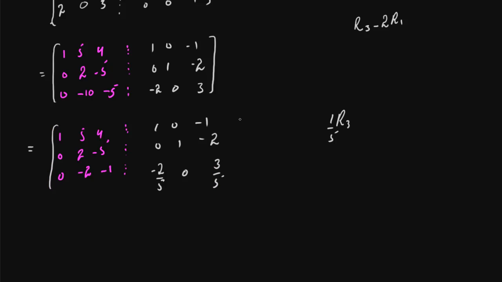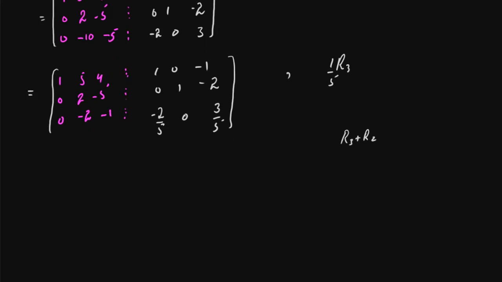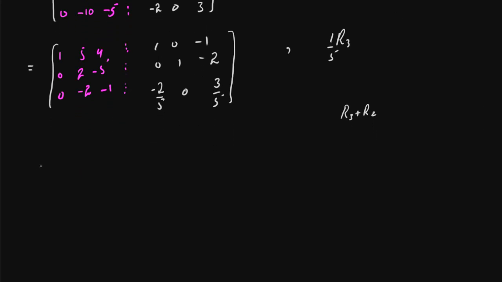And now what else we are going to do here is make that one 0. To do that, we add R3 plus R2, and it means when we add that one here, plus -2 will be 0. And for that one we simply operate: 1 5 4, 0 2 -5, and we have 0 0 -5, and -1 will be -6.